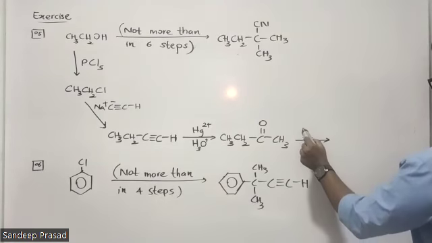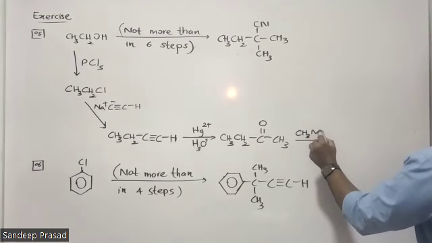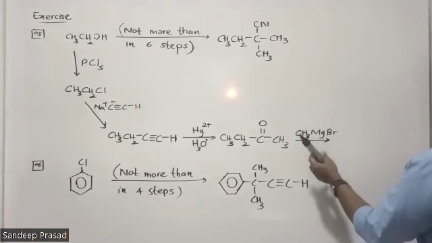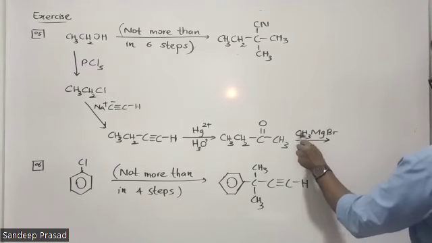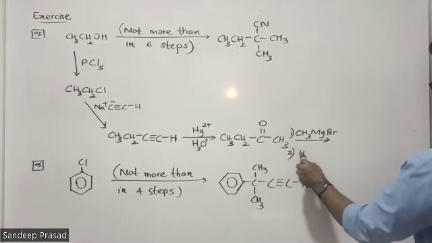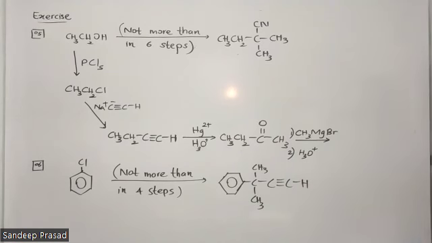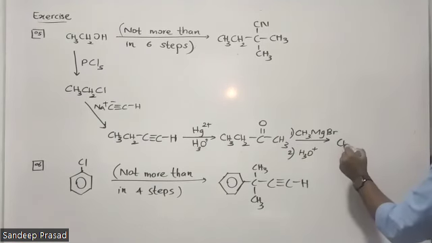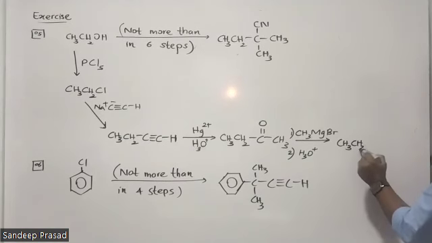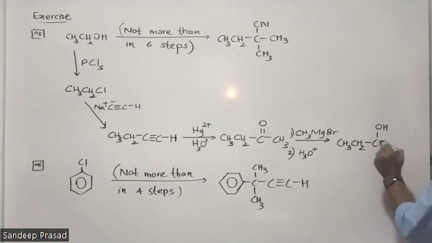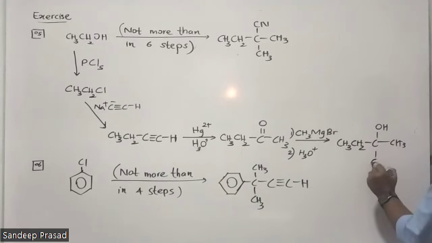Then I can add CH3MgBr, Grignard reagent. Number 2, H3O plus. Then what will happen? Now the alkyl group is connecting to that central carbon atom, and it is converted into a tertiary alcohol like this.